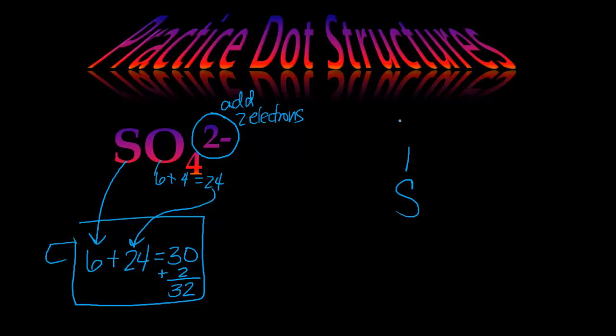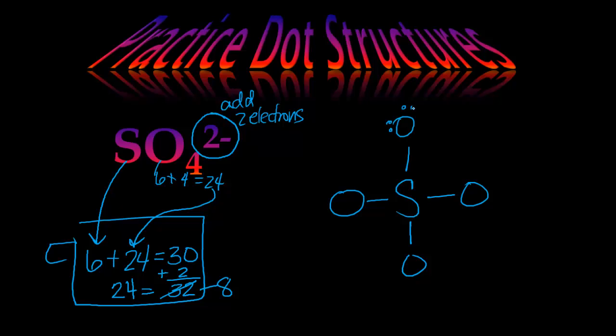Start building. S, O, O, O, O. 2, 4, 6, 8. So I need to subtract 8. So I no longer have 32, but I have 24 electrons left. So start pairing them up around the outside first.